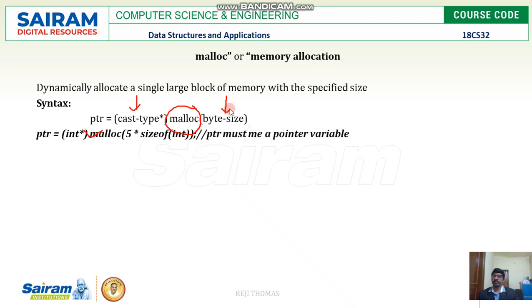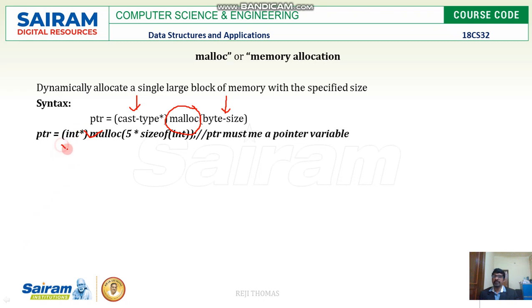For example, ptr gets the address of the byte which is allocated. As I told, it is going to allocate a single large block of memory, and every unit of memory is going to have its own address. This address will be stored in a variable called ptr. We have taken typecasting.